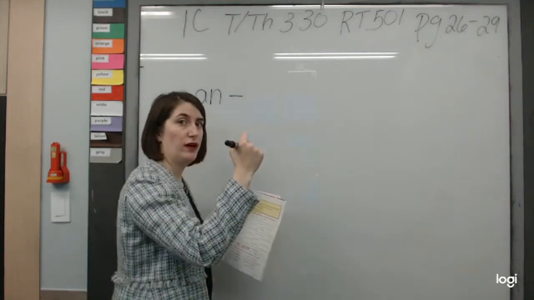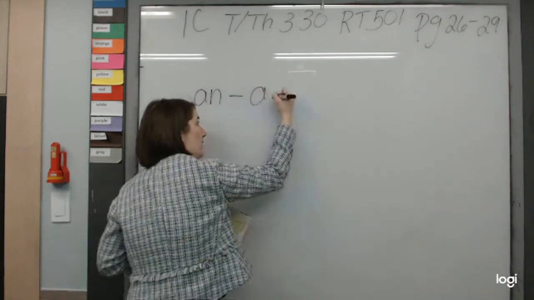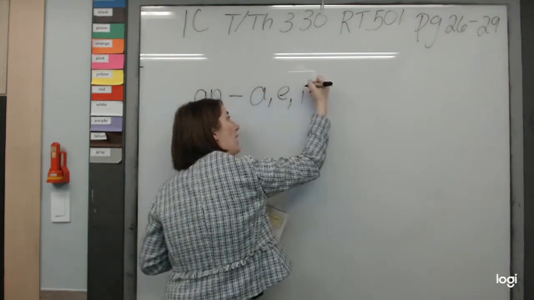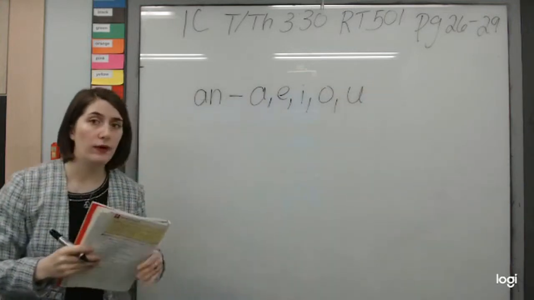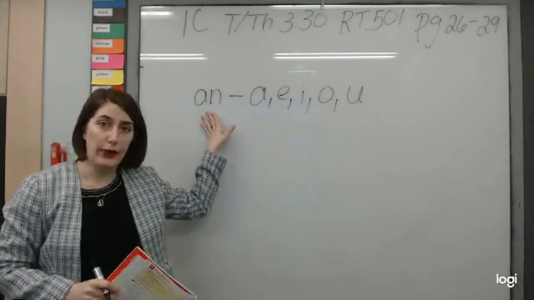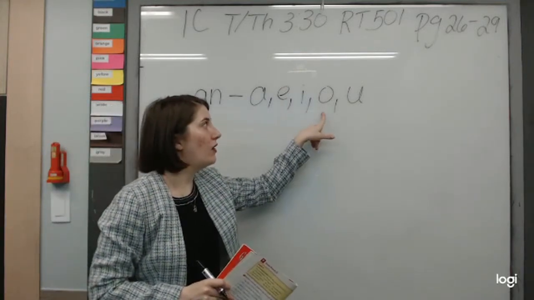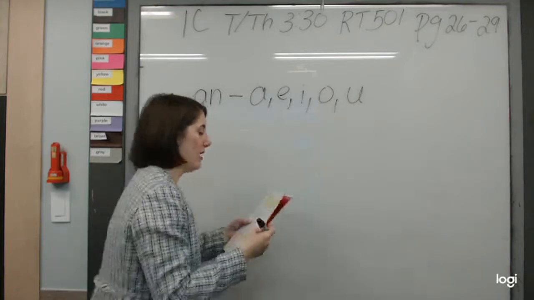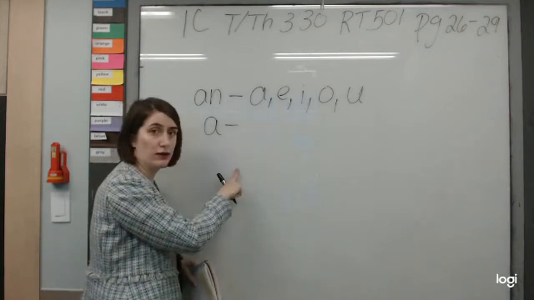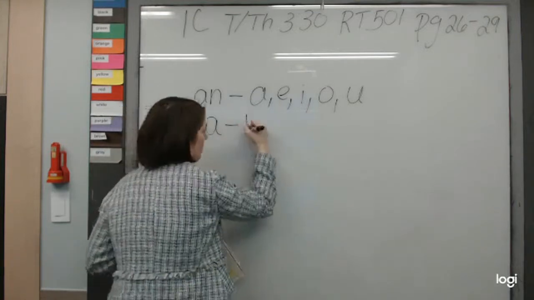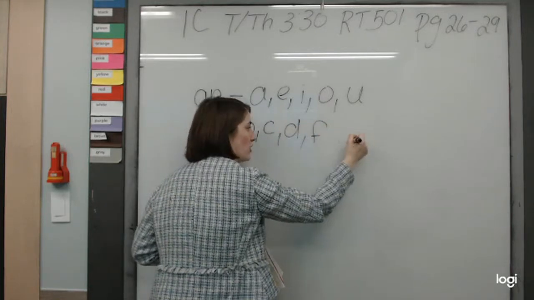And who remembers what our vowels are? Okay, so they are A, E, I, O, and U. Only put an in front of a word that begins with A, E, I, O, U. Okay? Otherwise, a goes in front of all the other letters. So B, C, D, F, and so on.